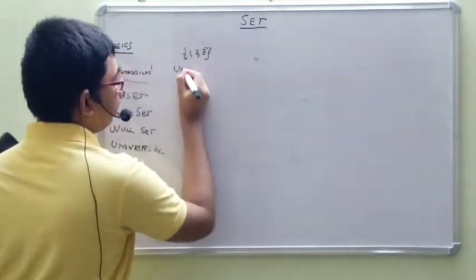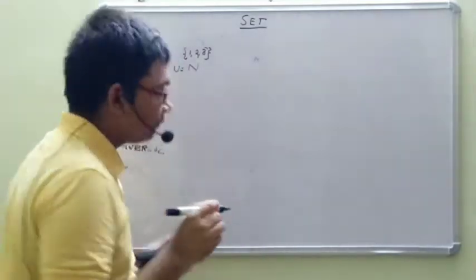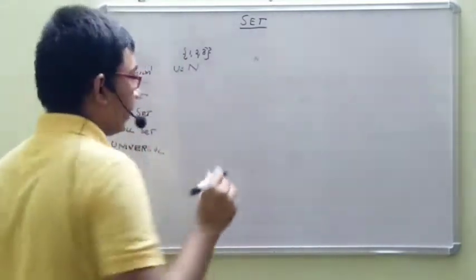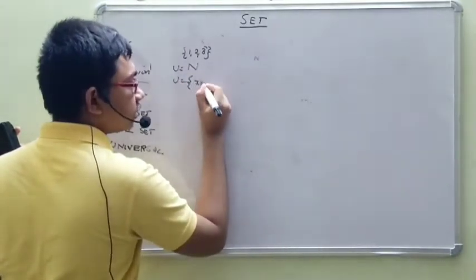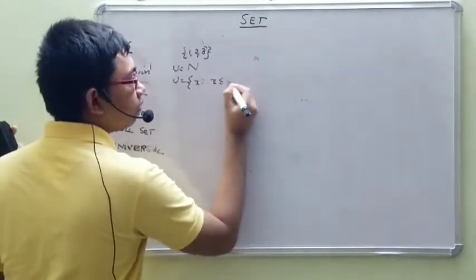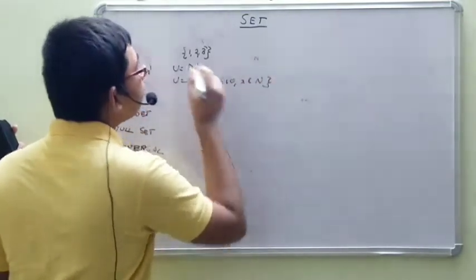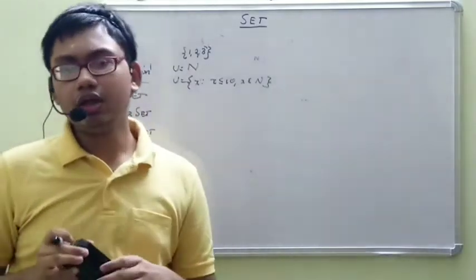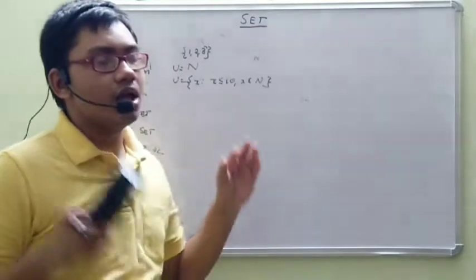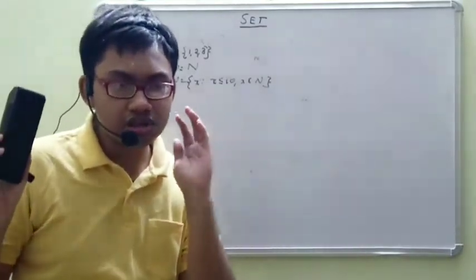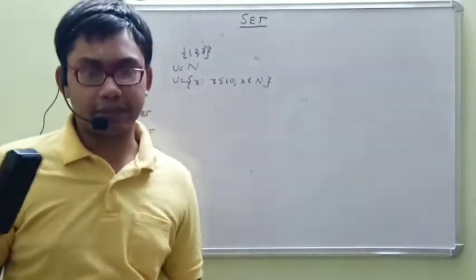You can let it be equal to N, the set of all natural numbers, though it is too large. Even if you put N, it is okay. Or you can put the set of all x such that x is less than or equal to 10 and x is an element of N. This is also a universal set of this set. It is not necessary that the universal set should have this many elements, but it should contain the given set and at least a few other elements.